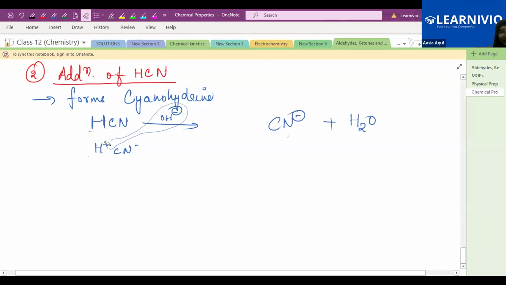And what is CN minus? CN minus is your nucleophile. In this reaction, the nucleophile is the cyanide ion.